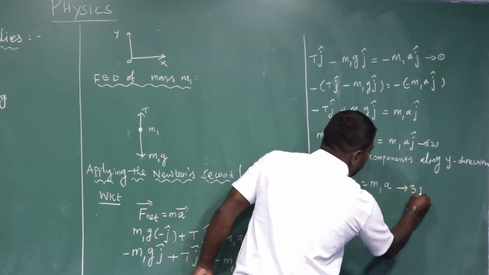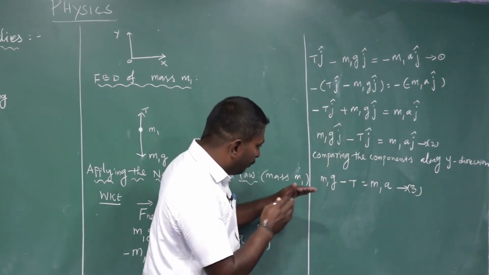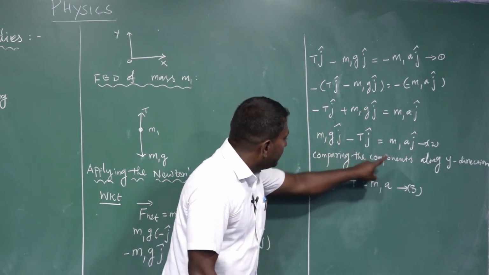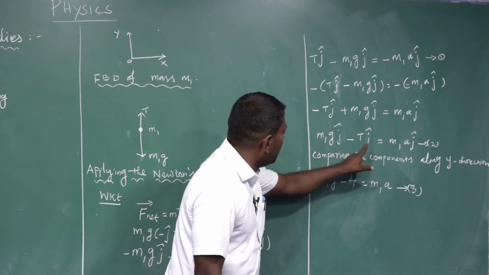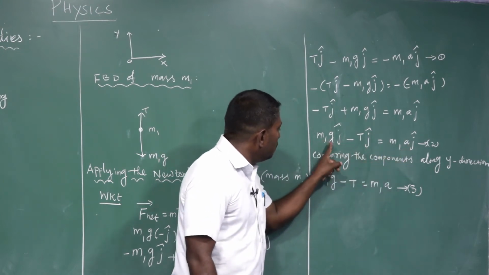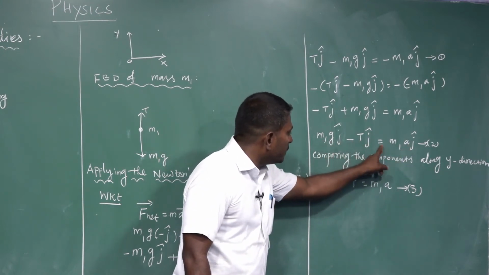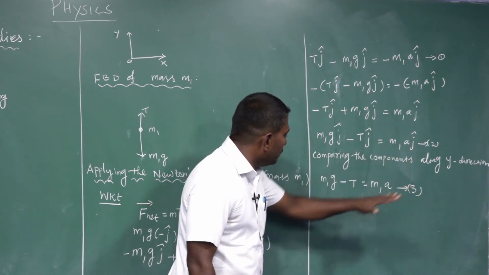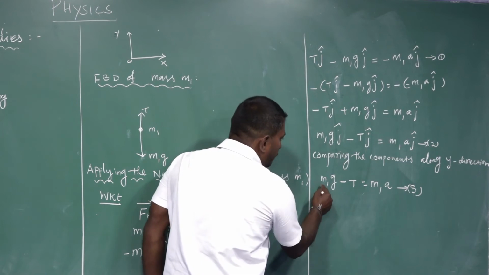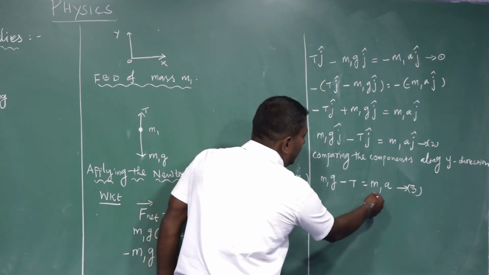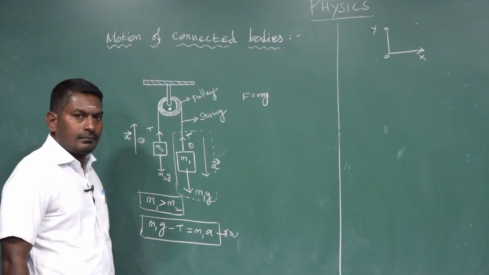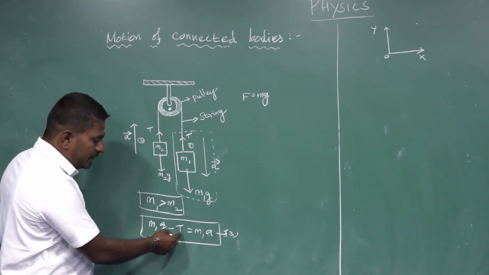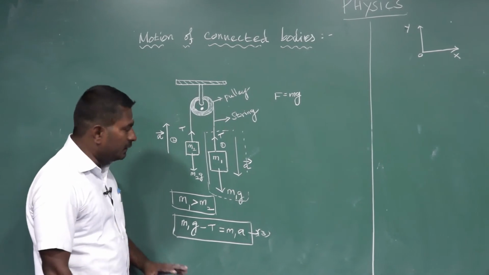This is equation number 3. We find equation 3 by comparing the components along the y direction, the j cap. So we found the equation m1g minus T is equal to m1 into a.